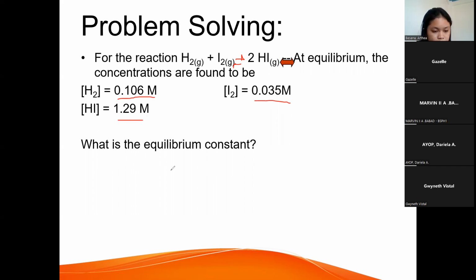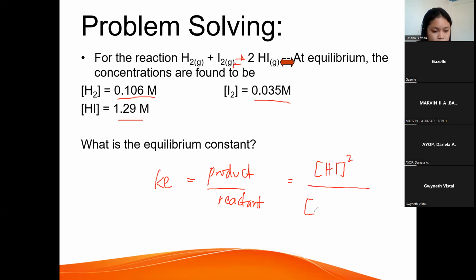So ang mangyayari, we will be computing for the equilibrium constant. So always go back to the product over the reactant. Product is isa lang, HI squared kasi dalawang molecule yan.